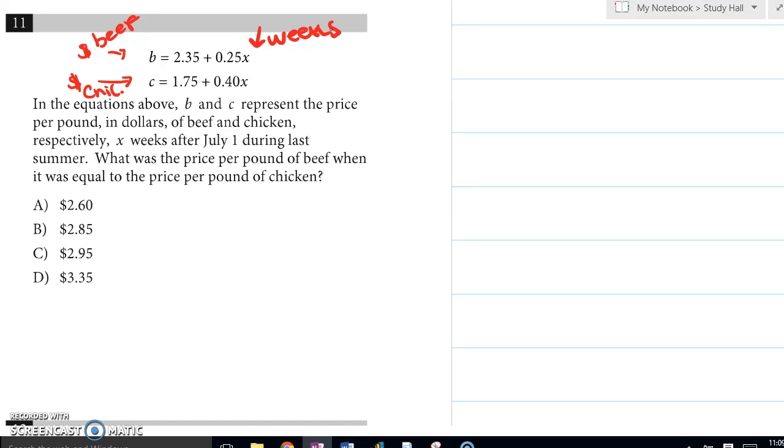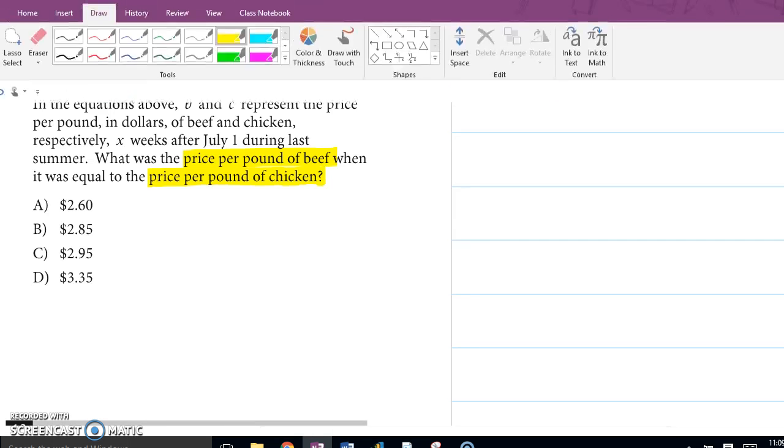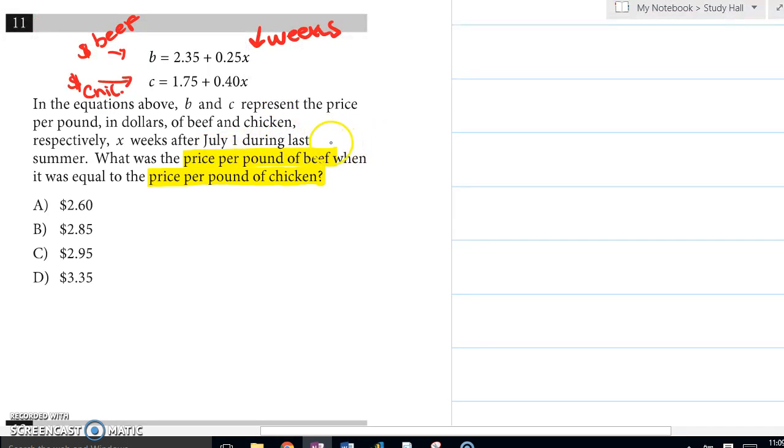When it was equal to the price per pound of chicken. So what they're saying is, when was the price per pound of beef equal to the price per pound of chicken? When means time, which means solve for x. So when does B equal C?